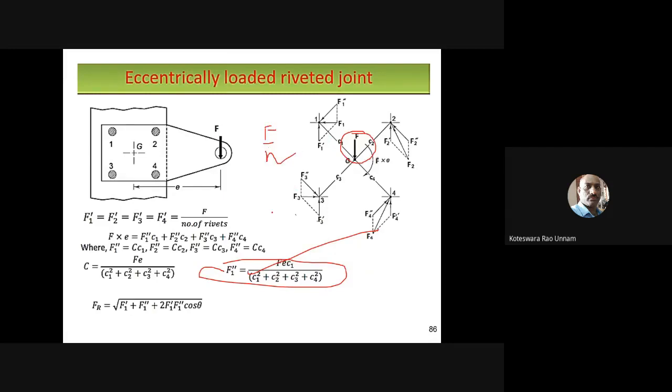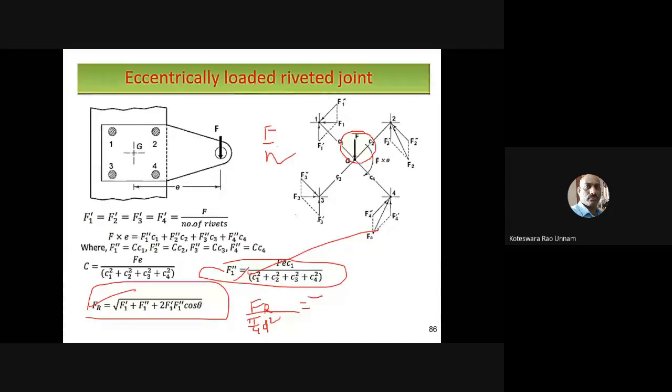So then I have the primary force and secondary force for each rivet. Then I can find the resultant force. Once I have the resultant force, FR divided by the shearing area of the rivet, that is nothing but pi by 4 d square. Of course, this FR should be equal to your tau allowable.